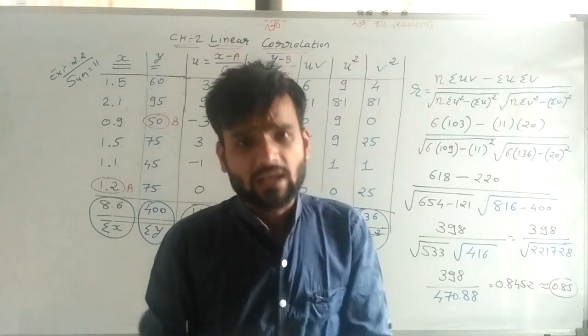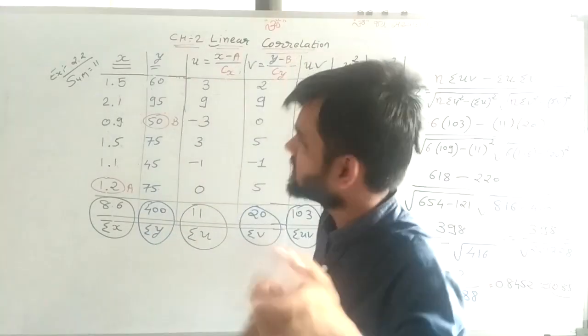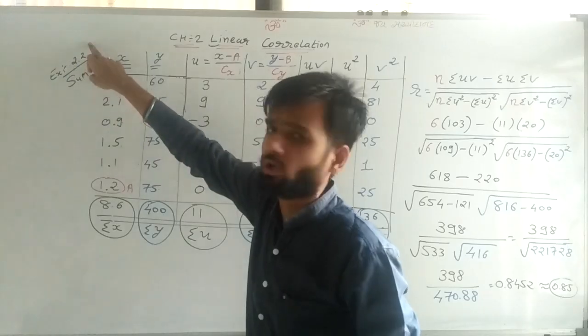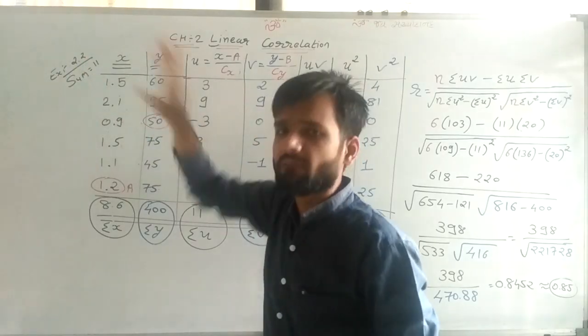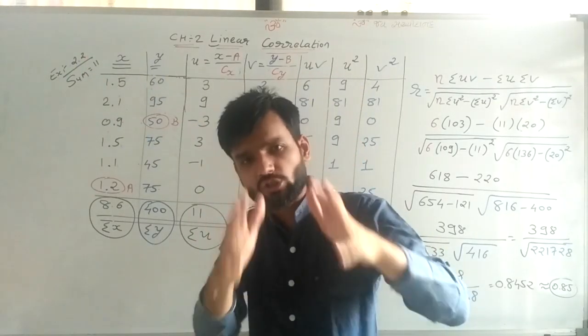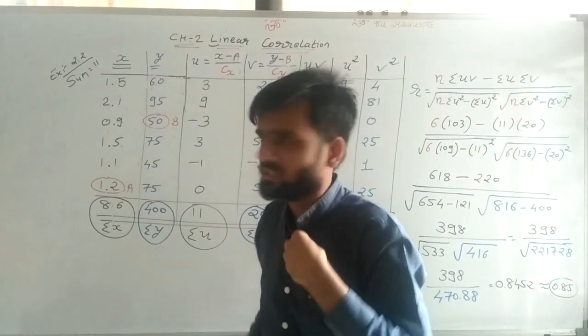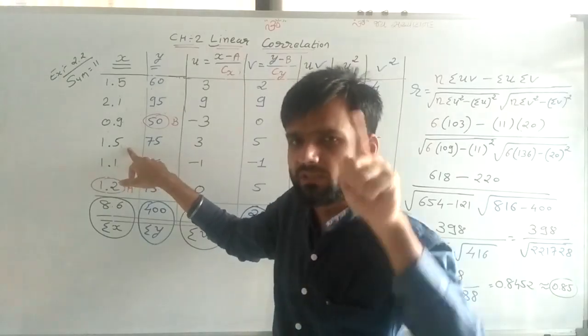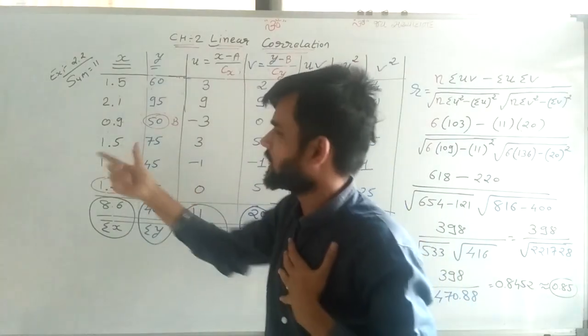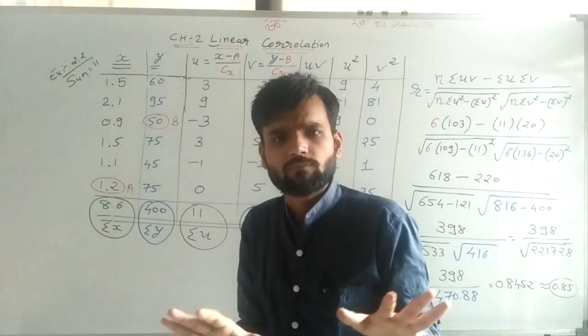For that, I have taken one sum which is given in your textbook, exercise 2.2, sum number 11. Here only one change is made by me: 1.8 is given in your textbook, and I have taken 1.5. That's it, nothing else.